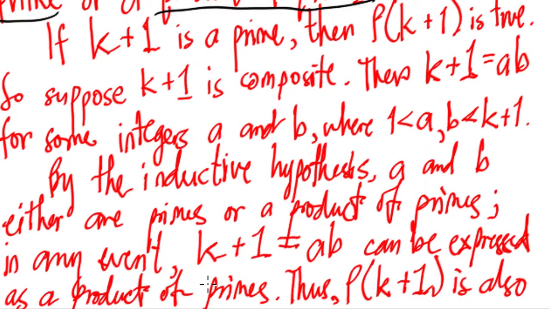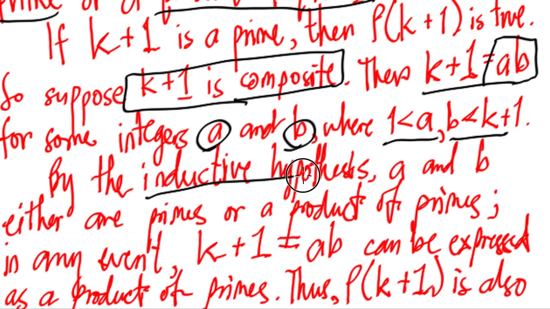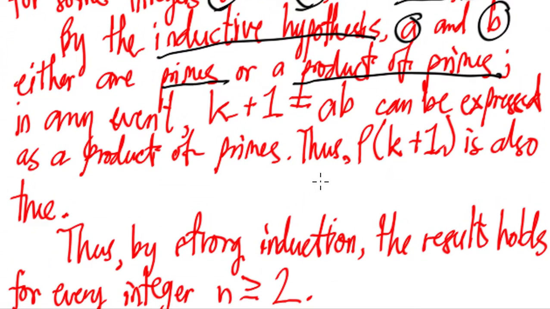So suppose k plus 1 is composite, the opposite case. Then k plus 1 is equal to the product A times B for some A and B, where A is greater than 1 and B is less than k plus 1. By the inductive hypothesis, A and B are either primes or products of primes. In any event, k plus 1 equals A times B can be expressed as a product of primes.